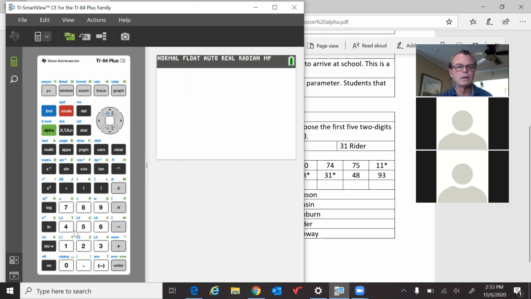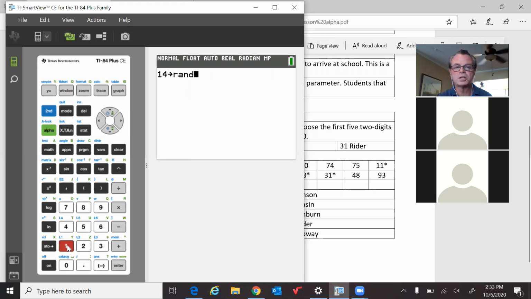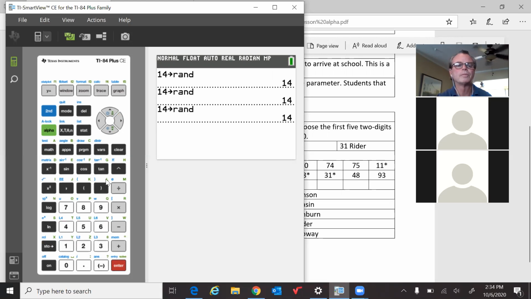Let's put in the number for the Flyers' best player. So everybody has to type in 14, because Couturier is by far their best player. Math, 1. 14, Stuart Rand. Whoa, just once. Okay?